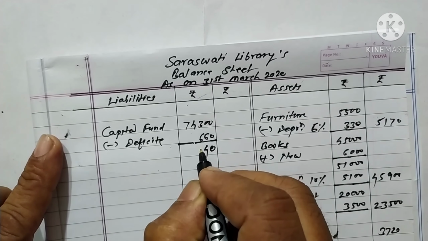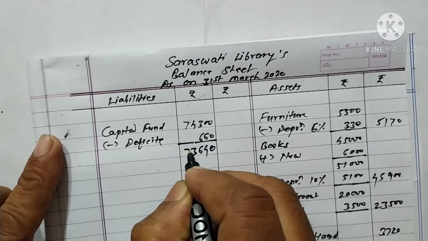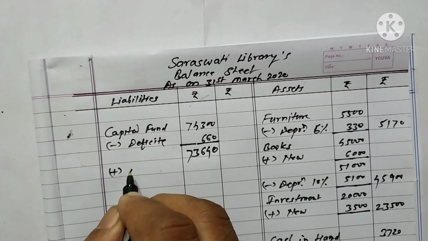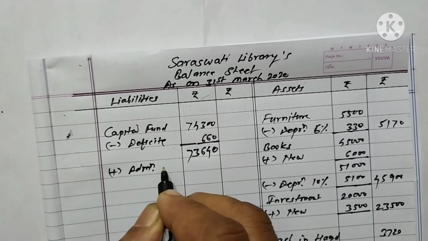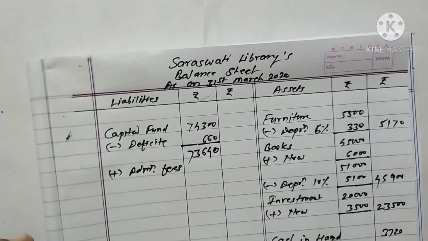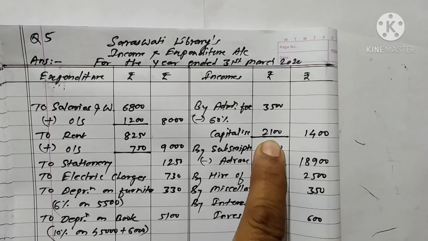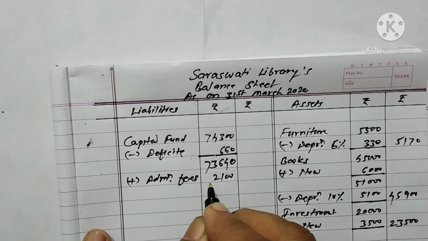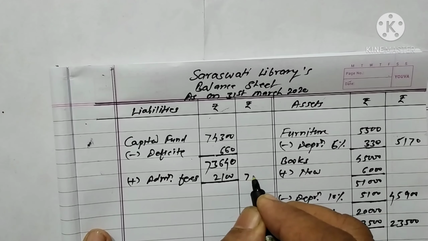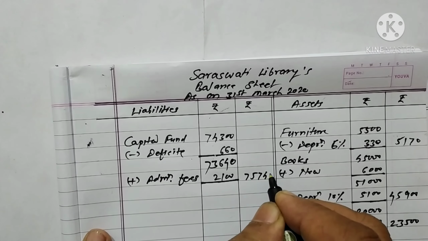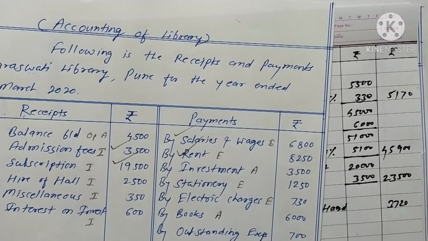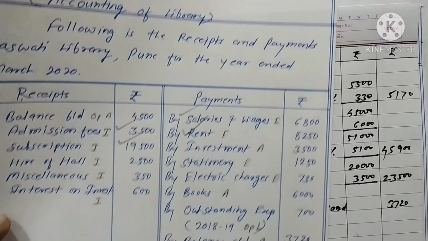Answer comes 73,640. Again we have to add admission fees 60%, rupees 2,100. Totals 75,740. Now next we have to find out the liabilities.